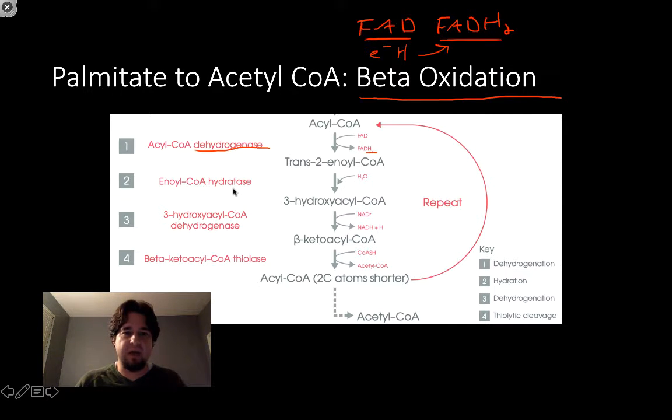In this first step, it's going to take some electrons and hydrogen. In the second step, we're going to add water. Then another dehydrogenase is going to act in the third step, and this is where we see our NAD plus come in and take electrons and hydrogen and have our NADH. And the fourth step is kind of cool because it has a really fun enzyme attached to it.